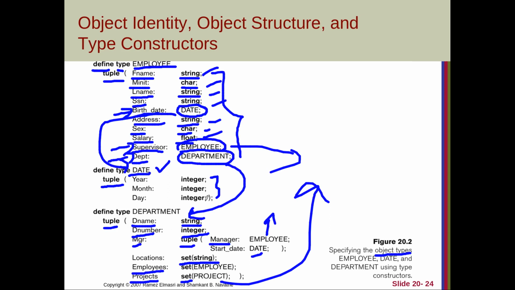So this is the way we are creating different types, or object structures. The object structure in pictorial format we have already seen. Now this is the general representation of creating a user-defined type.